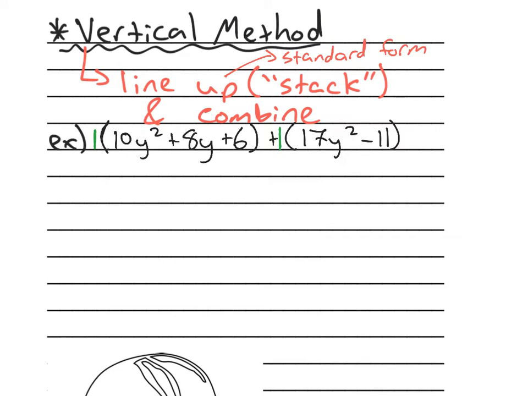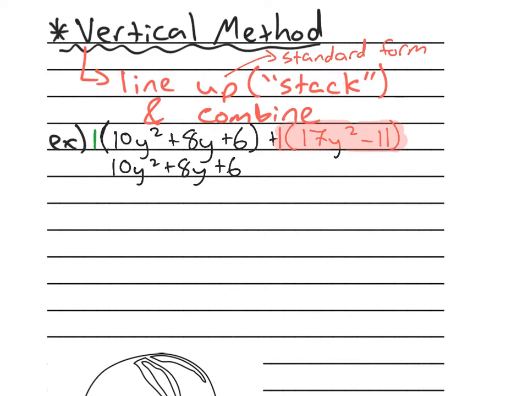So I'm going to go ahead and rewrite the first one without parentheses. So 10y squared plus 8y plus 6. For the second one, I'm going to write it underneath the first one. I'm going to take this binomial and write it underneath the matching terms of the first one.